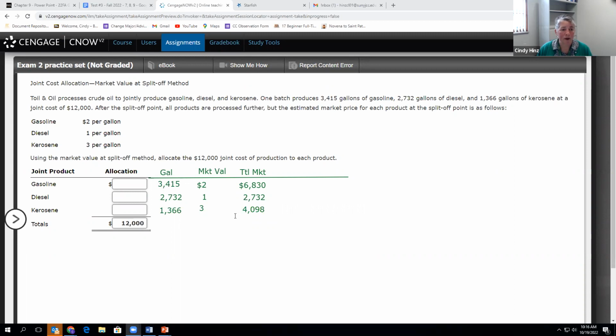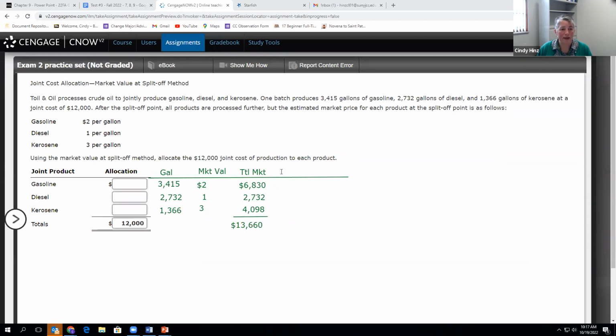Because we're using that market value as our allocation tool, we need to know what is the total market value. So I'm going to add that column. Put my total down here. $13,660.